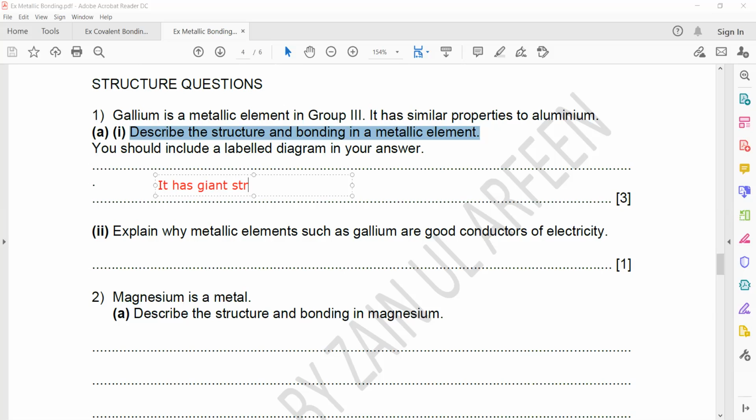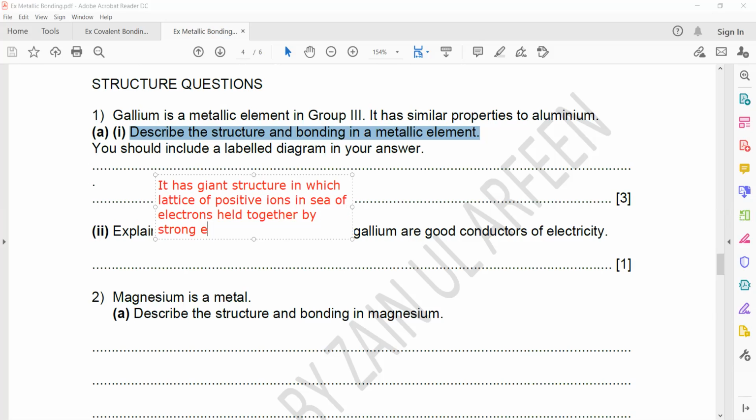All metals have a giant structure in which a lattice of positive ions in a sea of electrons, or a sea of delocalized electrons, you can mention both, held together by strong electrostatic force known as a metallic bond.